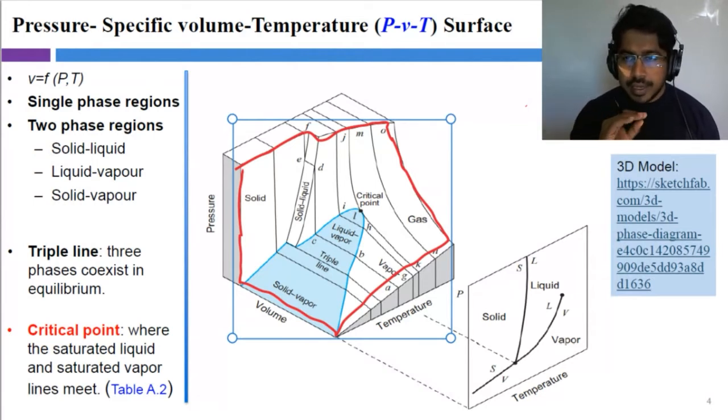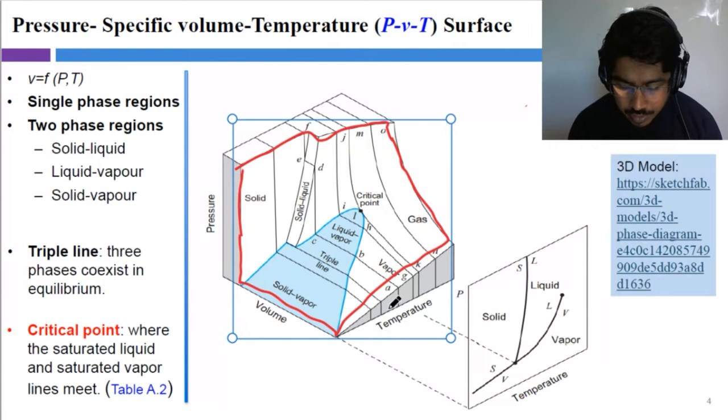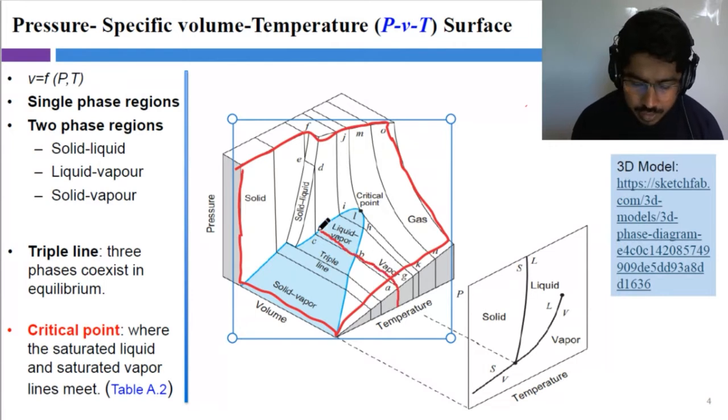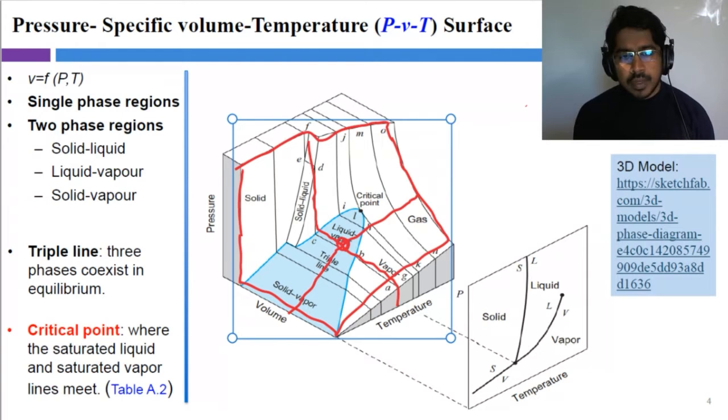So when you see that it's a surface, you get the point, right? And when it is a 3D surface, what can we say about this statement? If I select a given temperature like this, and then a given volume, let's say this is a constant volume line, and we have a point here.